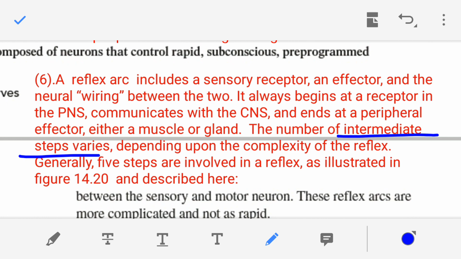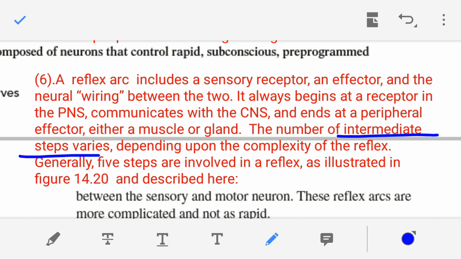For the completion of this reflex action, a reflex action completes in intermediate steps. And how many intermediate steps are involved in a particular reflex action? It depends on the complexity of the reflex action. A more complex reflex action means more steps are involved.